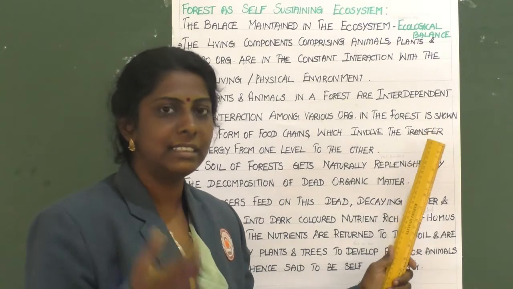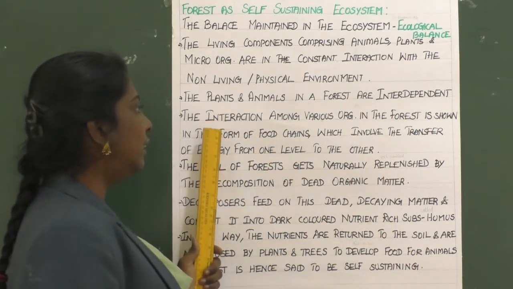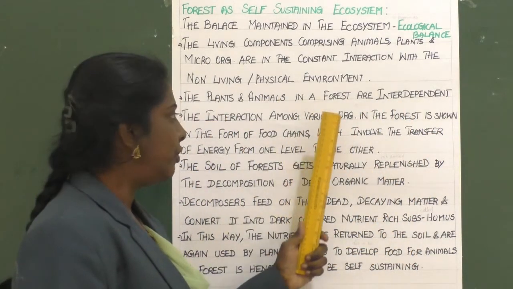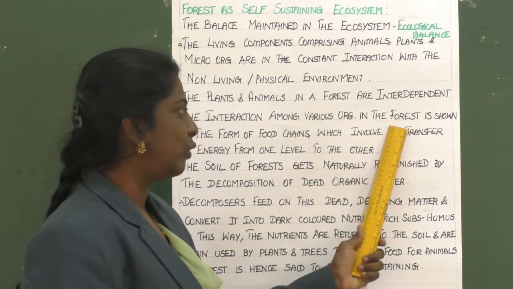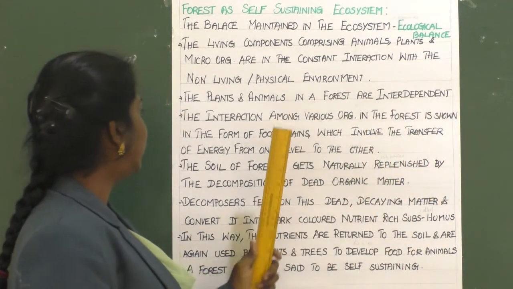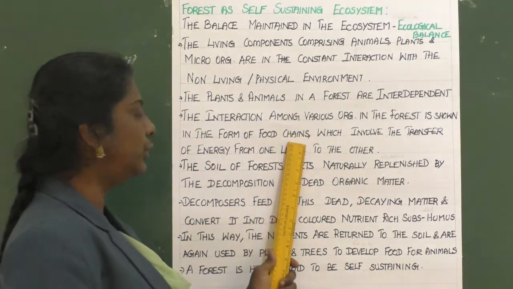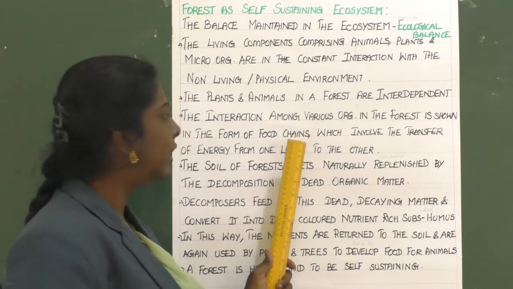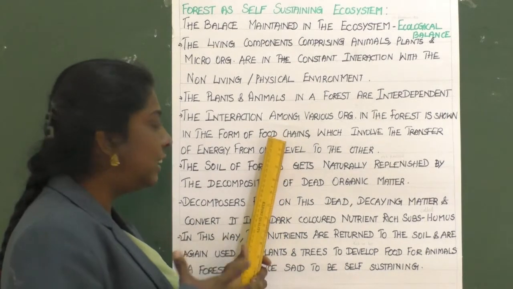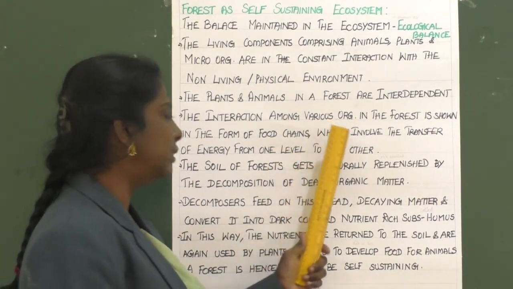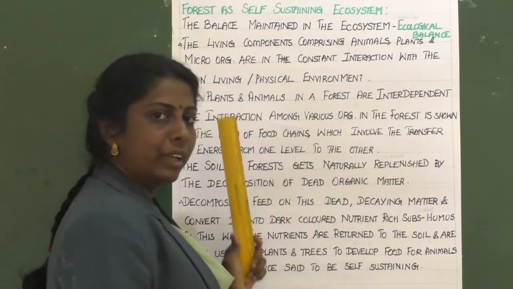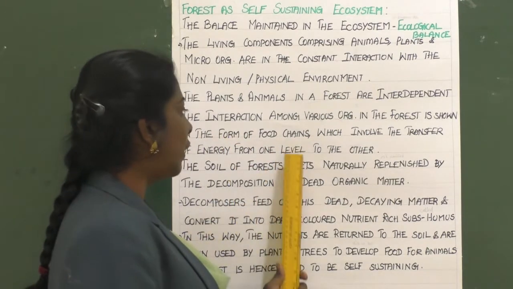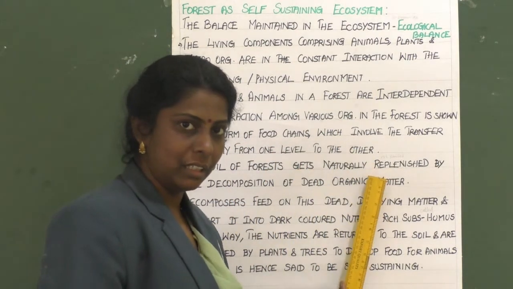The interaction among various organisms in the forest is shown in the form of food chains, isn't it? So many organisms interact, which we can learn from the food chain, which involves the transfer of energy from one level to the other.